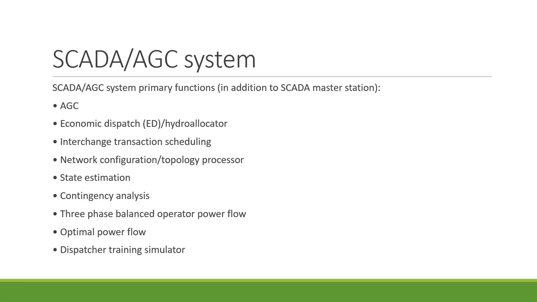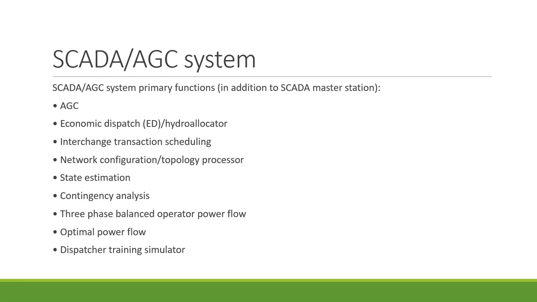The AGC system, when we are calling it that, its function will definitely be included in this. That is AGC, economic dispatch. I hope you know what we mean by economic dispatch. Hydro allocator, interchange transmission scheduling, network configuration, topology processor, the network can be reconfigured basically.